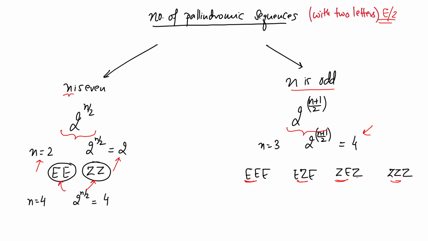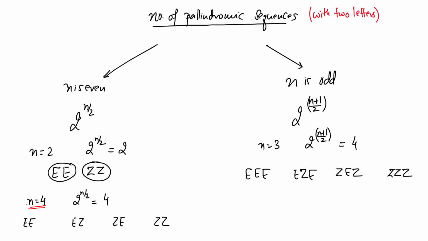For n equal to 4, you get again 4 palindromic sequences. So for 3-lettered sequences and 4-lettered sequences, you get the same number. Because for n equal to 4, you just have to think of half of the sequence, and those are EE, EZ, ZE and ZZ, and then complete them into palindromes like this.